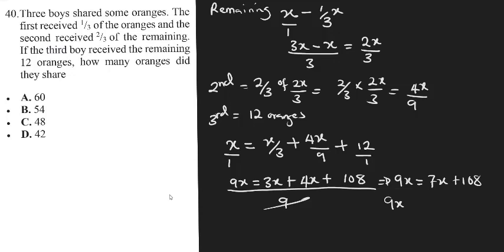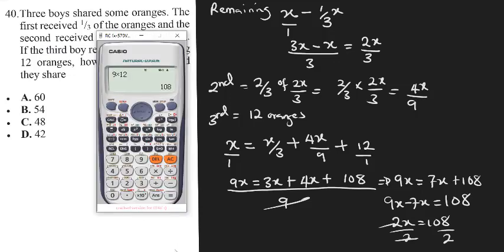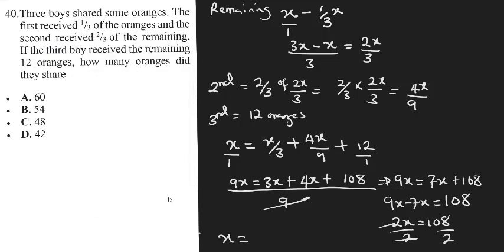So 9X minus 7X equals 108. 9X minus 7X is actually 2X equals 108. Divide by 2. So this cancels this. 108 divided by 2 is 54. So therefore X is equal to 54 oranges. So from our options, the answer is B.